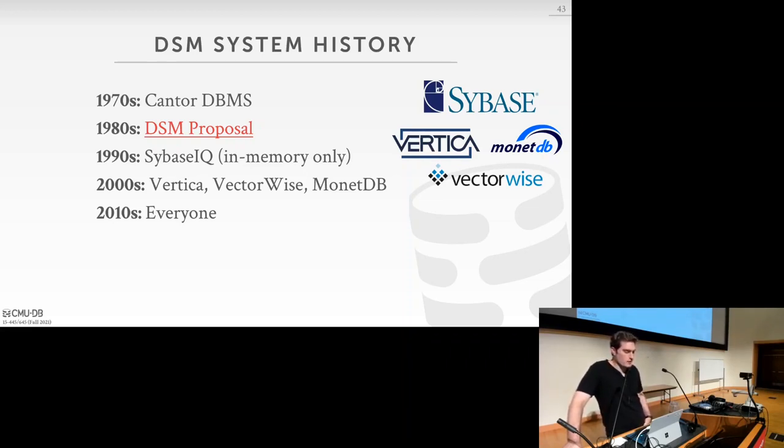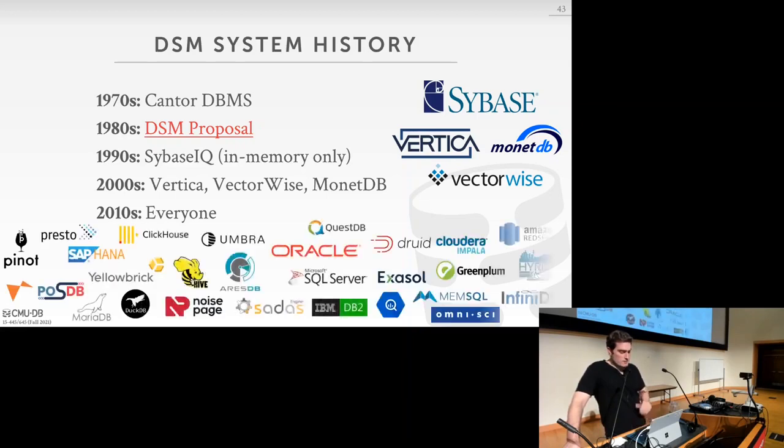They are the first popular and commercially successful column stores that really paved the way for a lot of the techniques that are now commonplace in columnar storage. And it says 2010s everyone, because pretty much everyone nowadays has some columnar storage option if you're in the analytics or OLAP market.